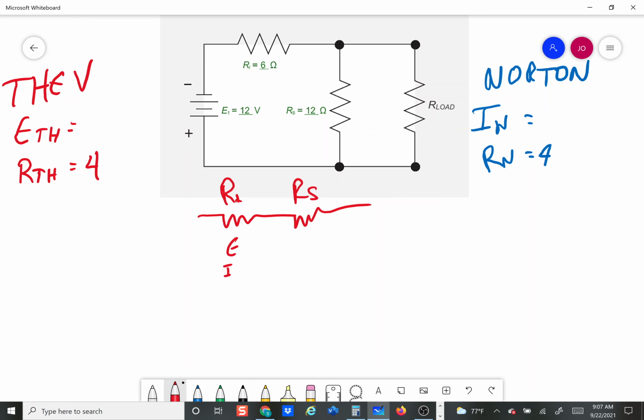And we get a value of 6 ohms here and 12 ohms here, which is going to give us a total resistance of 18 ohms. And we have a source voltage of 12 volts.